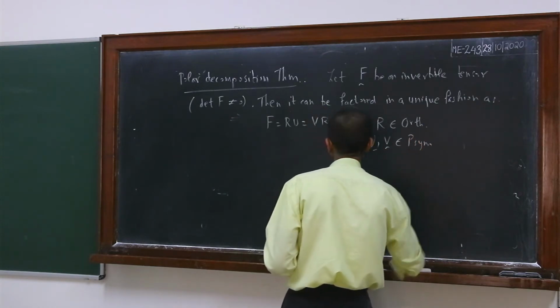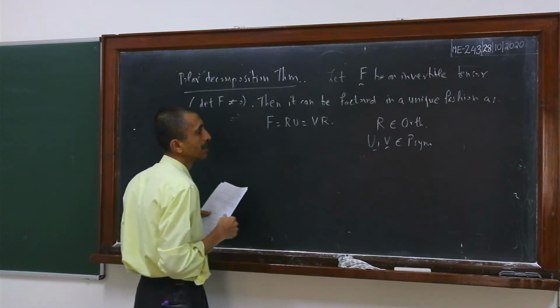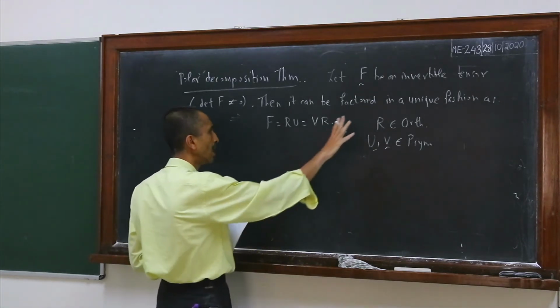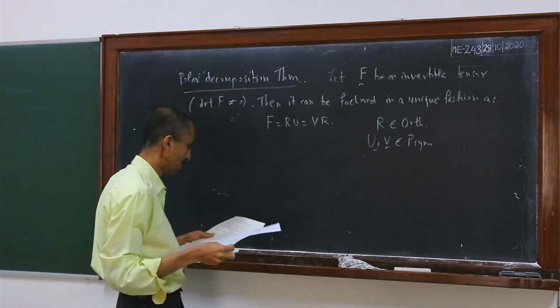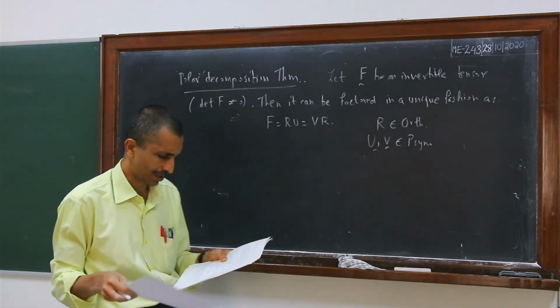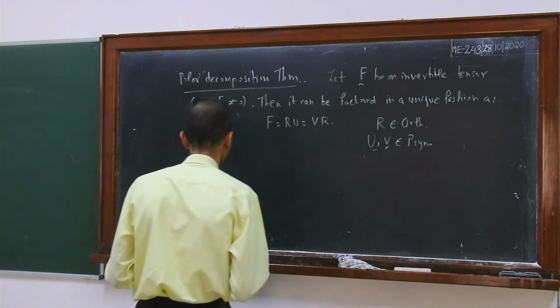So this U and V are symmetric positive definite tensors, and R is an orthogonal tensor. Not necessarily a proper orthogonal tensor. So actually that will depend on the sign of det F, but that we will see at a later stage. But right now, let us just try to prove this particular theorem here.